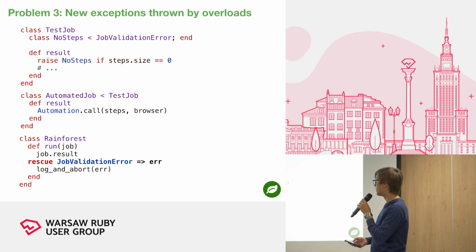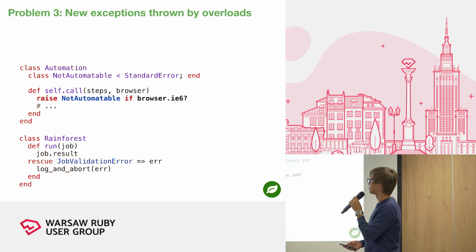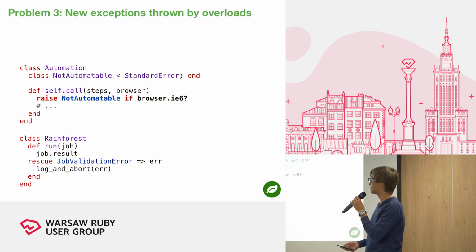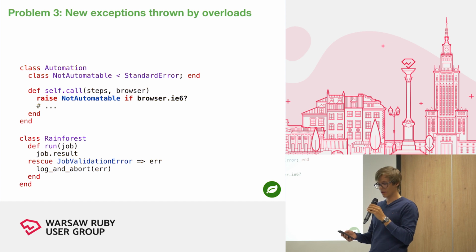Otherwise, the proper solution would be to wrap the automation error, the not automatable error, somewhere in a subclass of some error coming from the base job class, so that it's handled altogether.